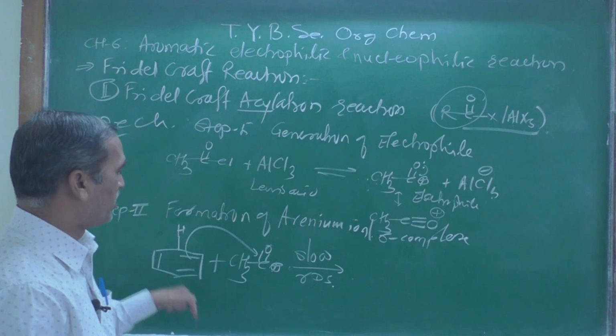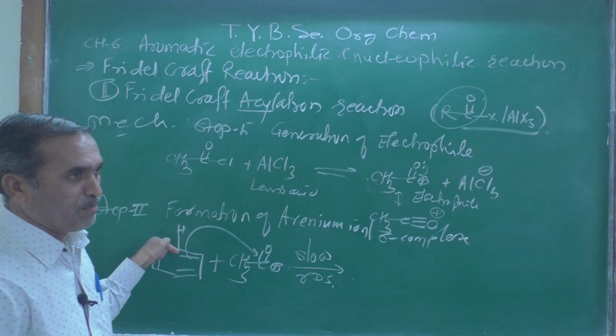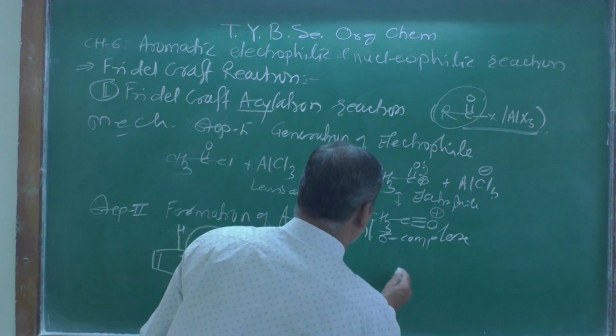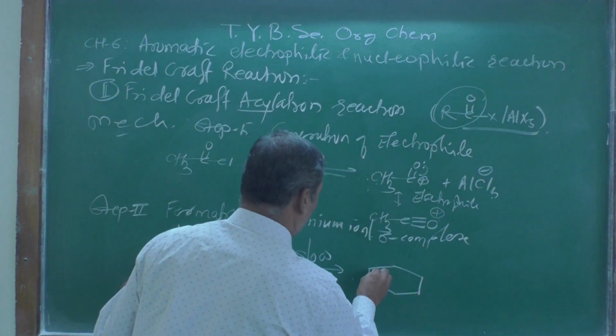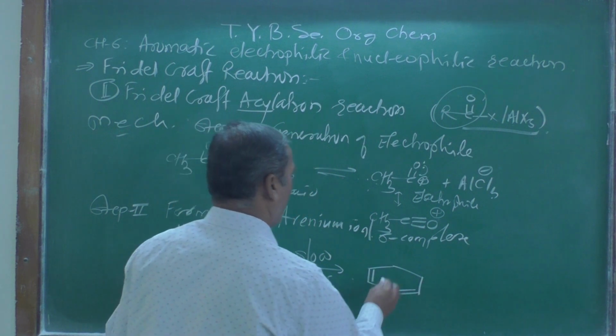What is happening is that this double bond is now attacking that carbocation. The carbonyl carbon atom here is electron deficient in nature, and therefore a bond is formed between this benzene carbon atom and this carbonyl carbon atom, so that you get the product. The other double bond I am writing as it is.